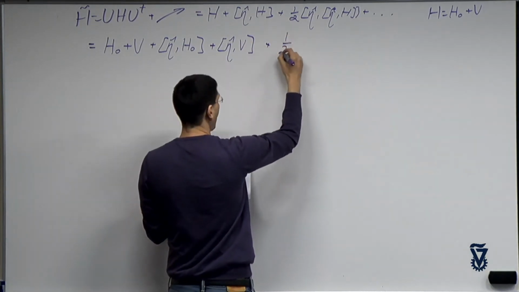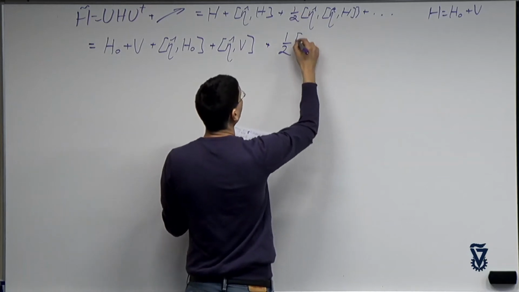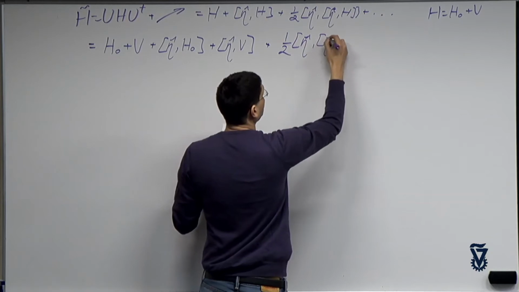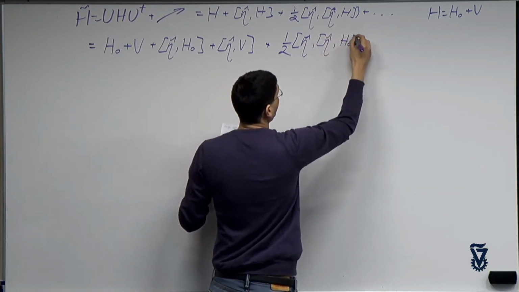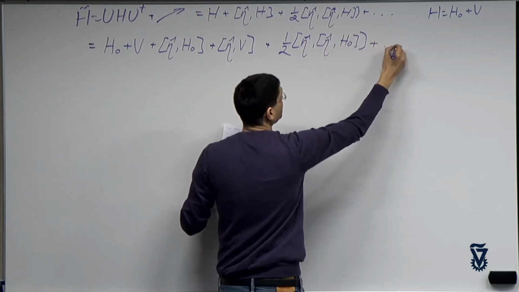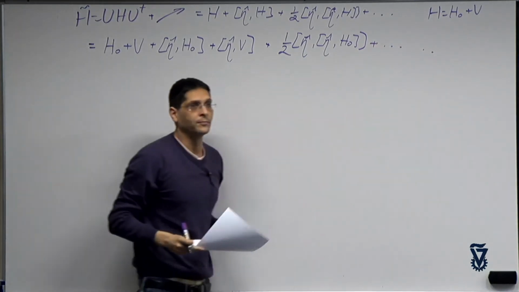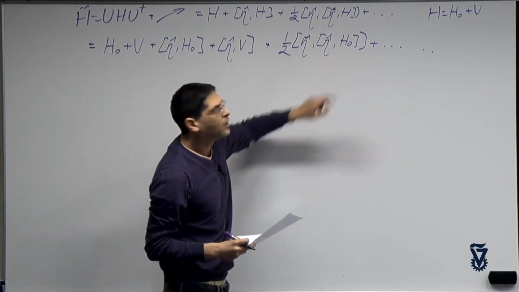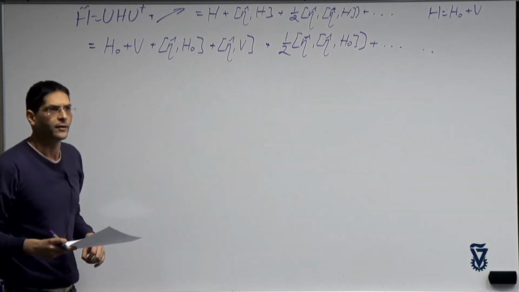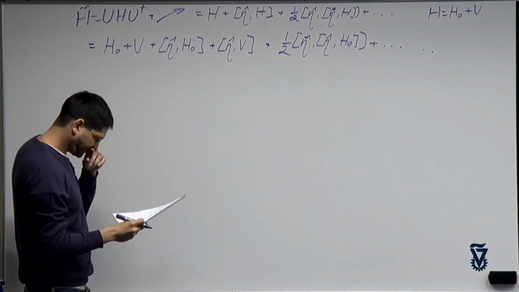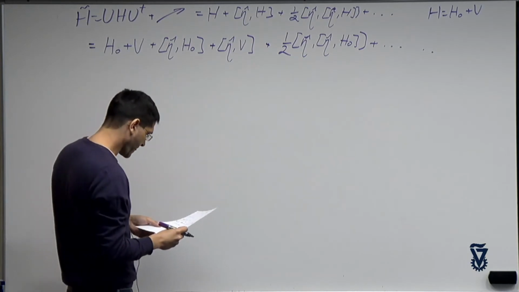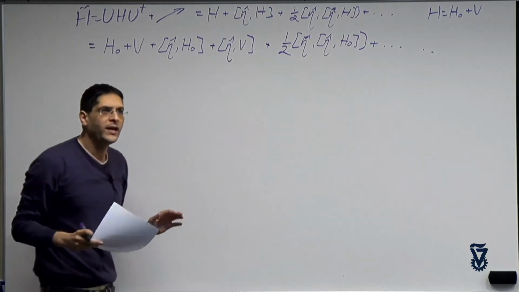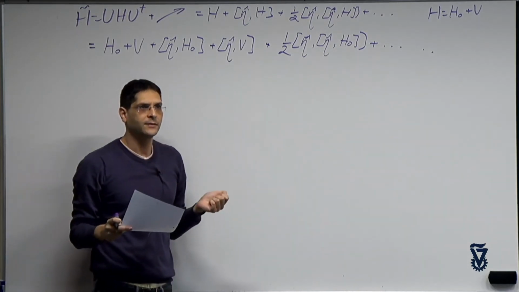Plus we're going to have half eta H naught plus more and more terms, where I threw away the term with a V over here already. And now comes the part where we get to choose what eta is.